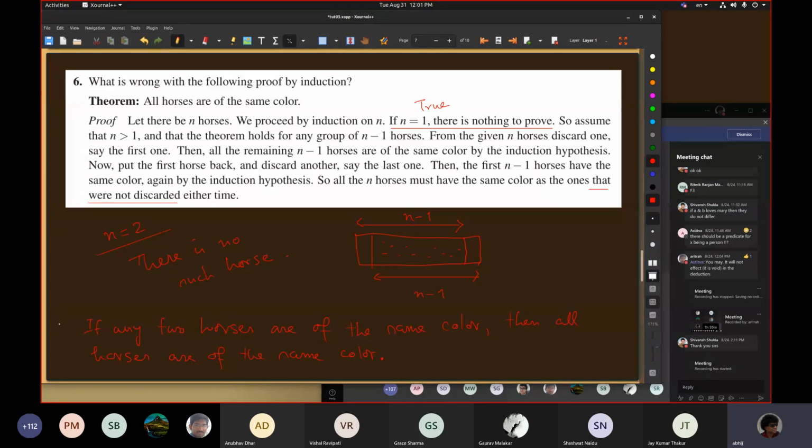Sir, if any two horses are of same color, then how does it imply that all horses are of the same color? I can select any two specific horses from the group, and they have the same color.